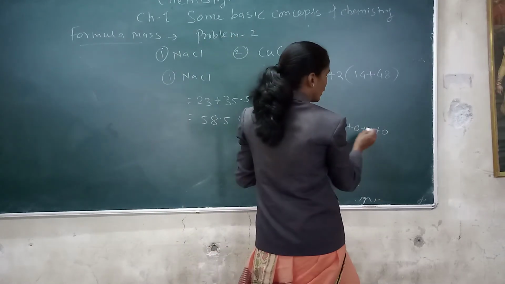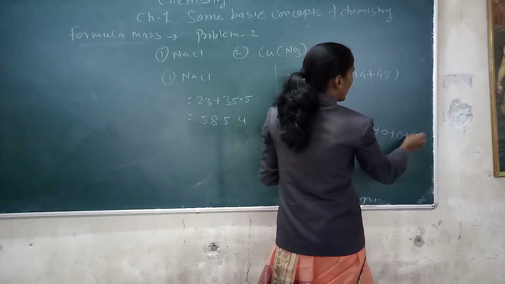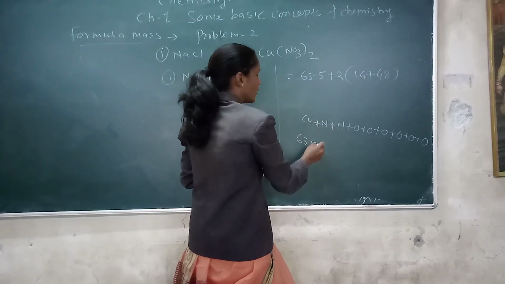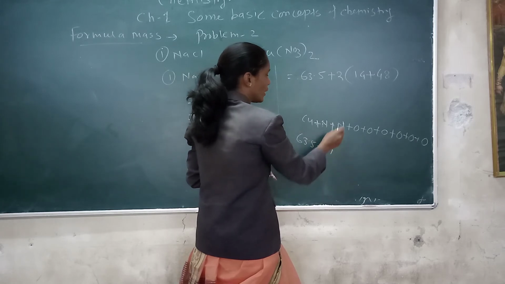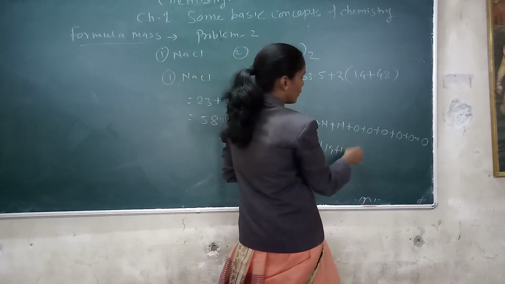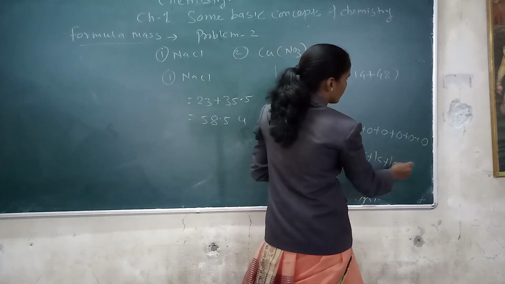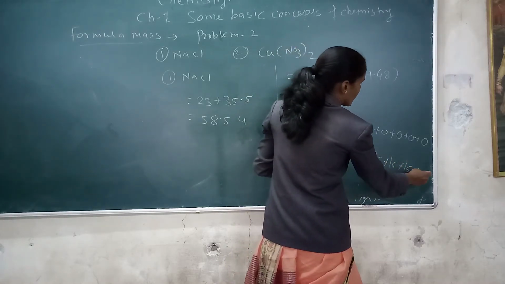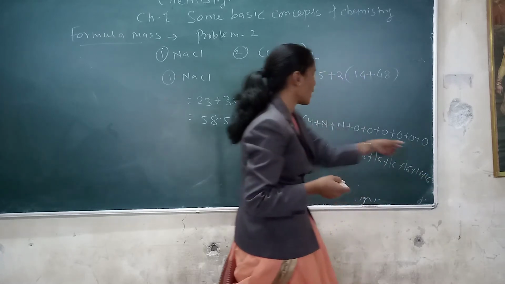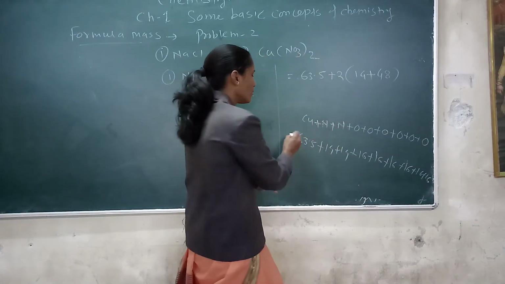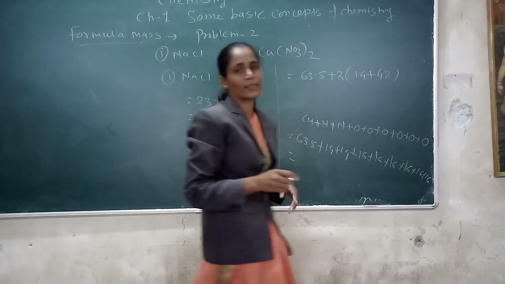Oxygen is 6 times: 1, 2, 3, 4, 5, 6. Then 63.5, nitrogen shows 14 plus 14, plus oxygen 16 plus 16 plus 16, 6 times oxygen, 3 into 2. And addition of all these masses.